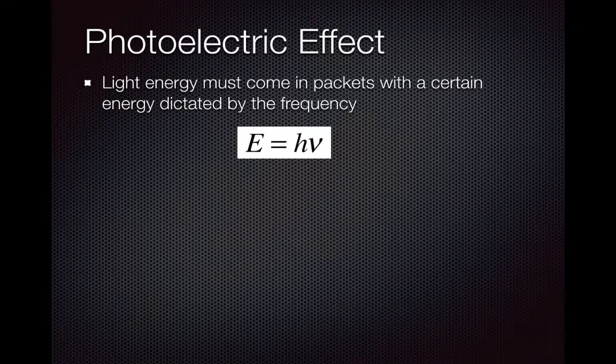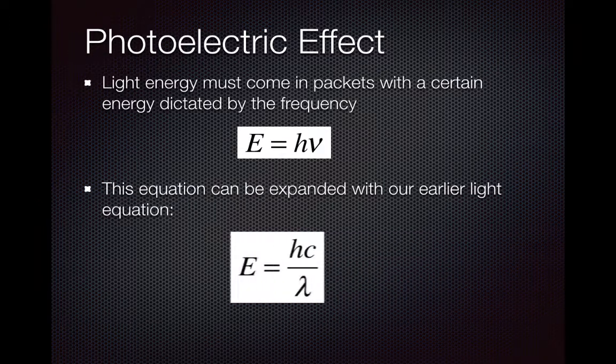It has a very small number. h is equal to 6.626 times 10 to the minus 34 joule seconds. And we'll see that a little bit later in the chapter as we start to get into calculations with this. So here we see that energy is directly related to the frequency, and h is a constant. So by that equation, we can see that as frequency goes up, energy also goes up.